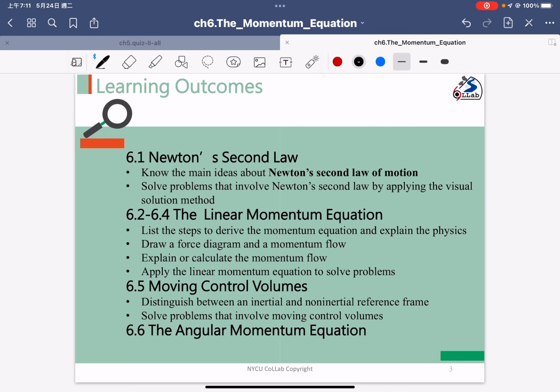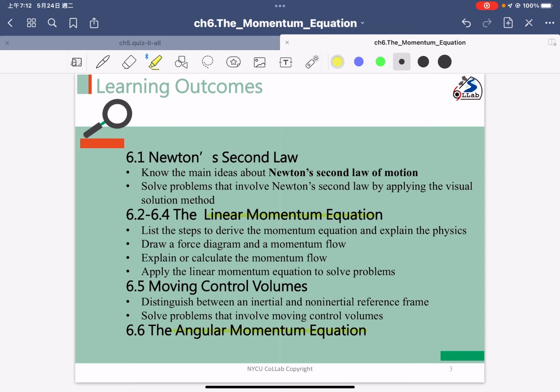Because we discuss the external force, we will give a very quick, brief introduction to Newton's second law, because Newton's second law is associated with force. And then we will introduce the linear momentum equations, and also the angular momentum equations.